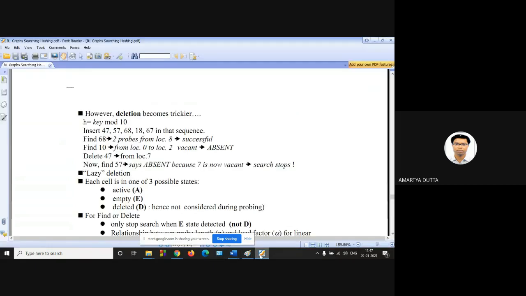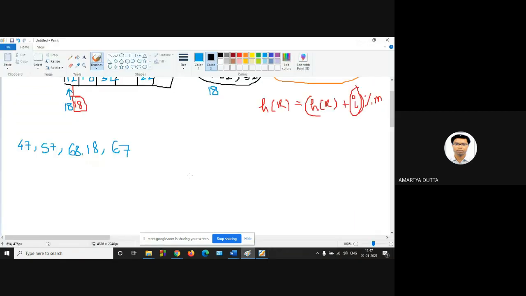The array size is 10, so the m value is 10.